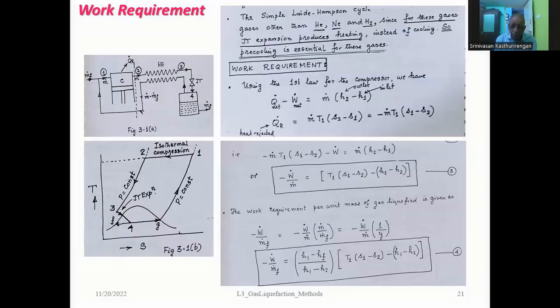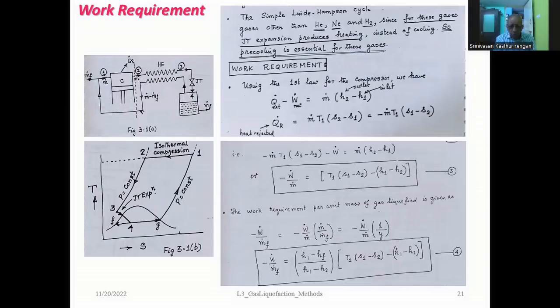H2 is the enthalpy of the outlets, minus H1 the enthalpy of the inlets. What about heat rejected? Q dot, that value is nothing but m dot T1 into (S2 minus S1), or in other words, it's equal to minus m dot T1 into (S1 minus S2), because S1 is larger than S2, so we are writing it properly.